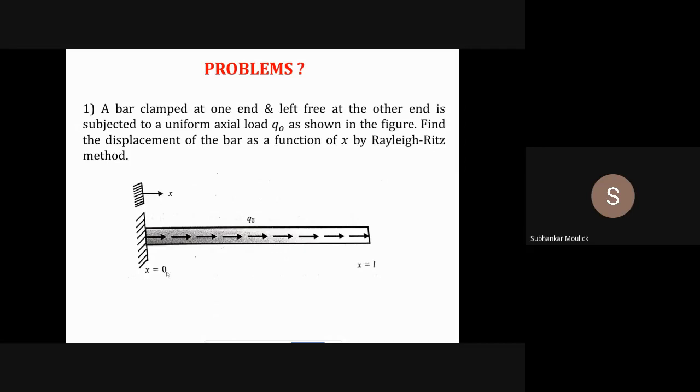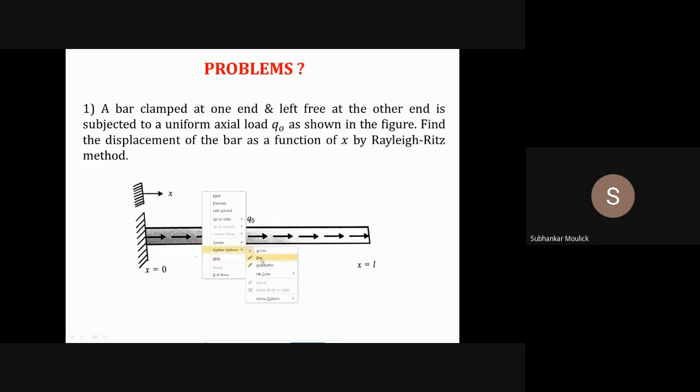What is given to you? A bar is given, and this is nothing but a cantilever bar. The domain of the bar varies from x equal to 0 to x equal to L. On this bar, a uniform axial load is acting, that is Q naught, which is shown in the diagram. What you need to find out is the displacement of the bar.